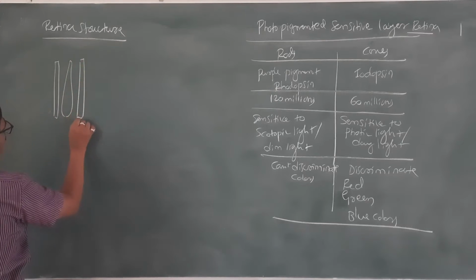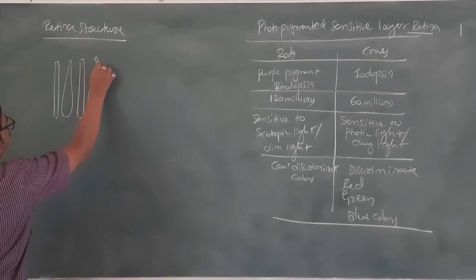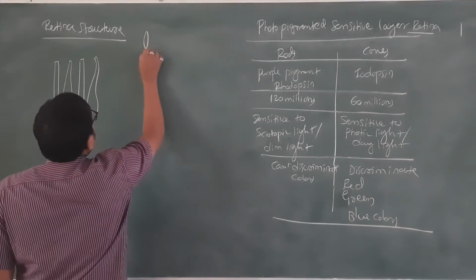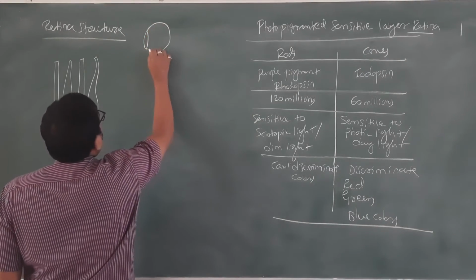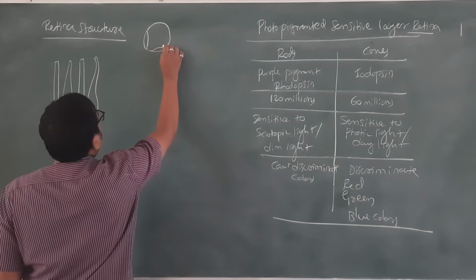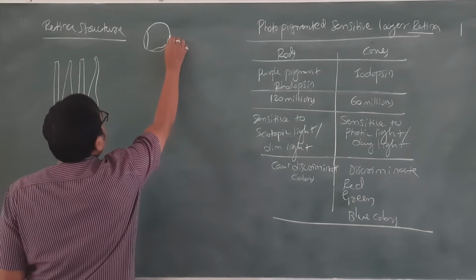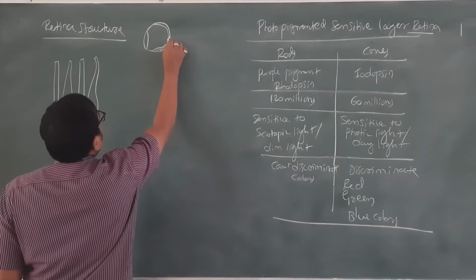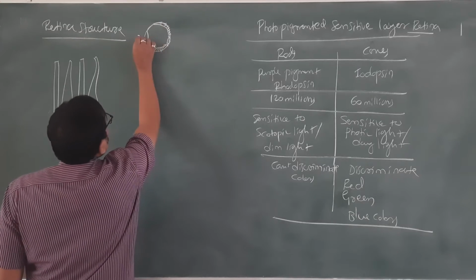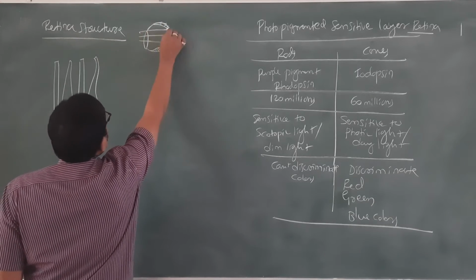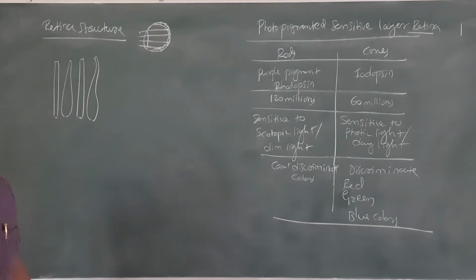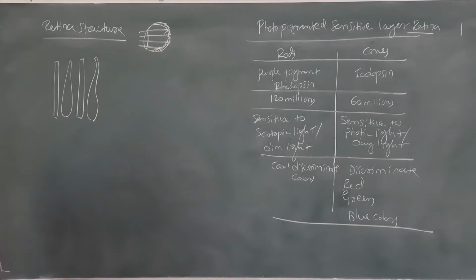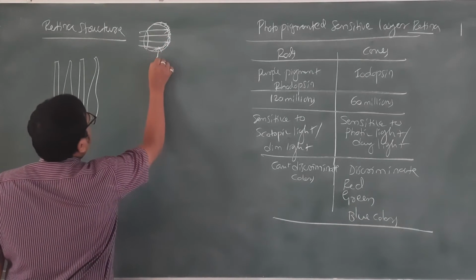Again the rod, again the cone, very alternatively, because this is the lens and here is the eyeball, and we see that here is the blind spot and then the fovea centralis, and then what we are observing is the retina, the photosensitive layer. The light comes to this layer, so here only the light reaches. This is the retina.